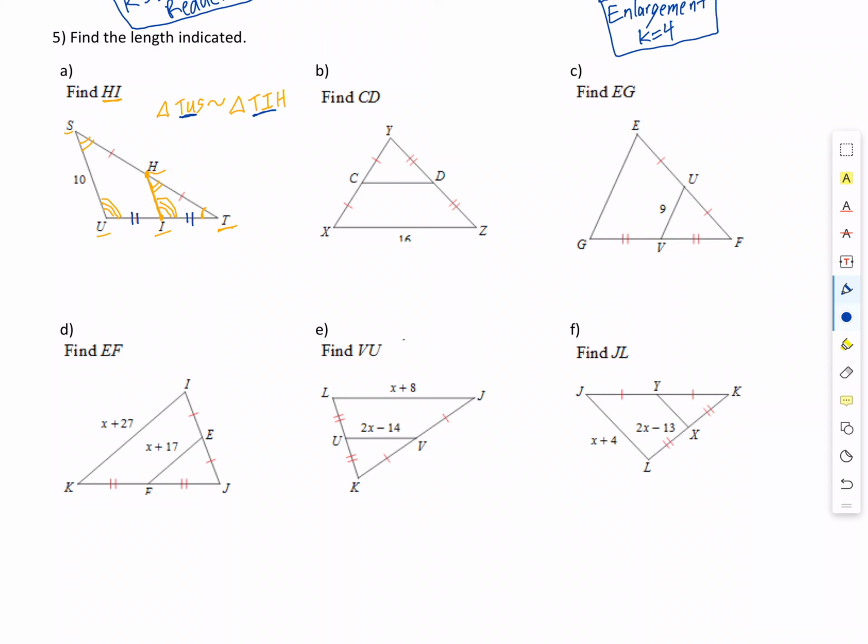So this length TI is the exact same length as IU. But TU is TI and then IU.